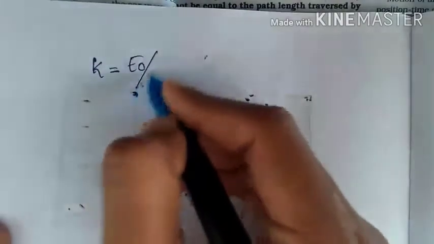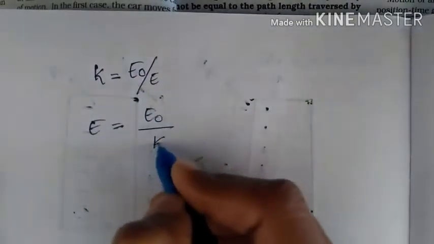So K is equal to E naught by E. So E, the resultant electric field, will be E naught by K.